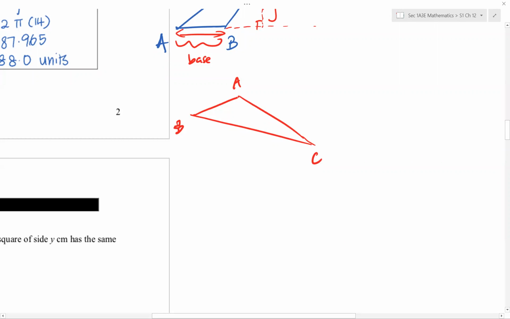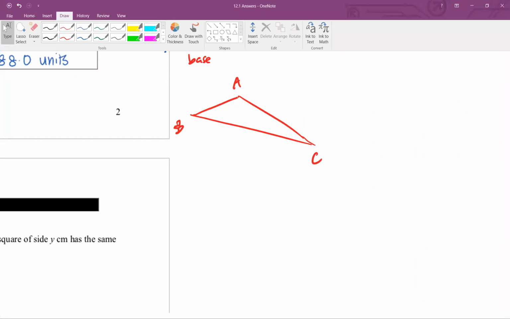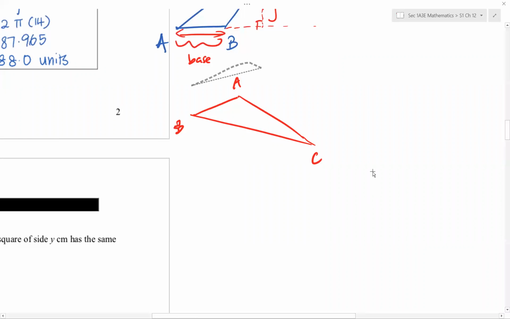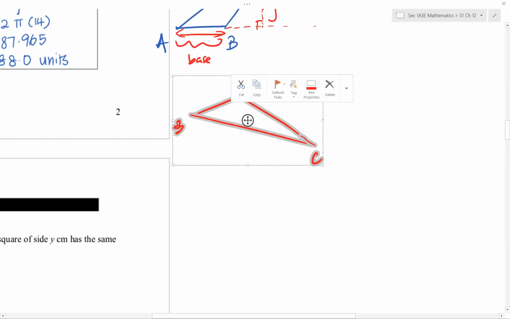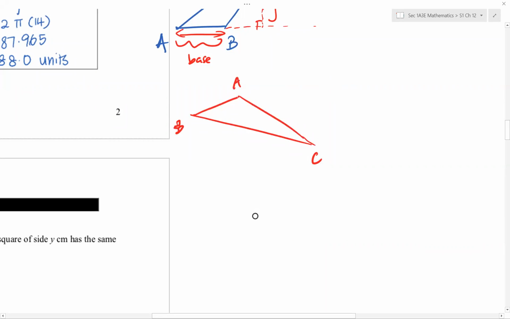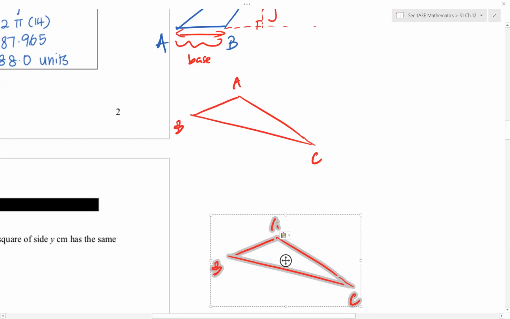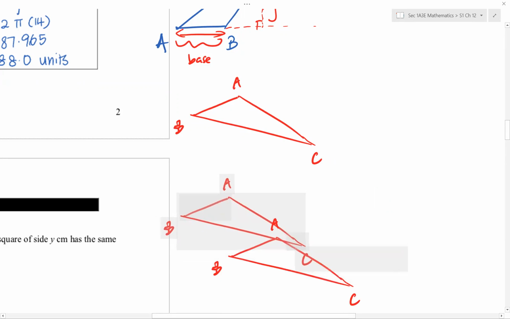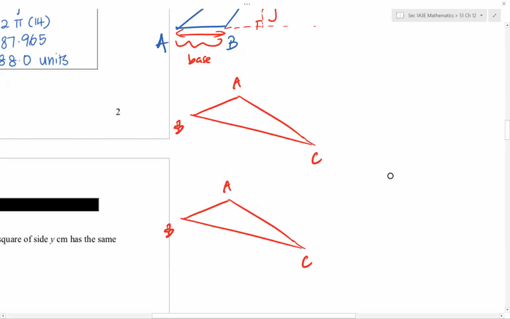So this is the triangle which I'm going to duplicate. Let me try and duplicate this. Copy. Paste. Okay, that's one. And then another one.